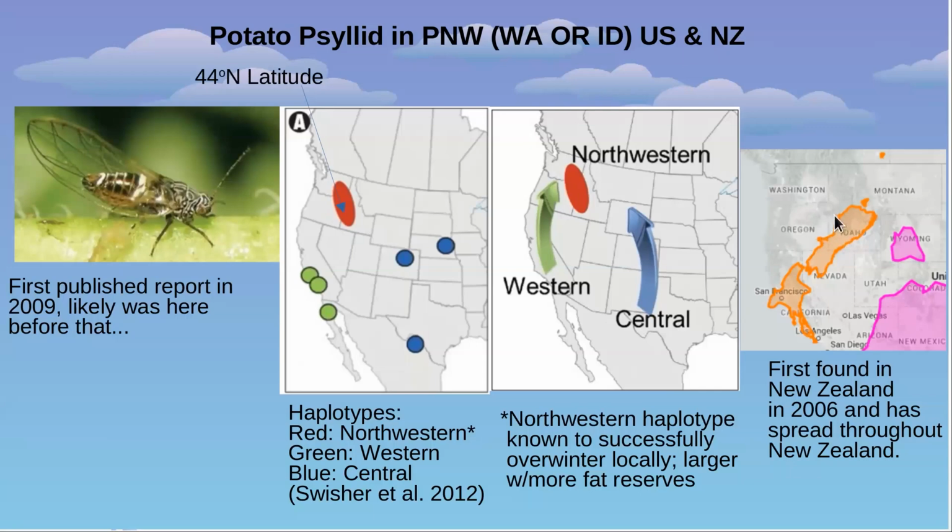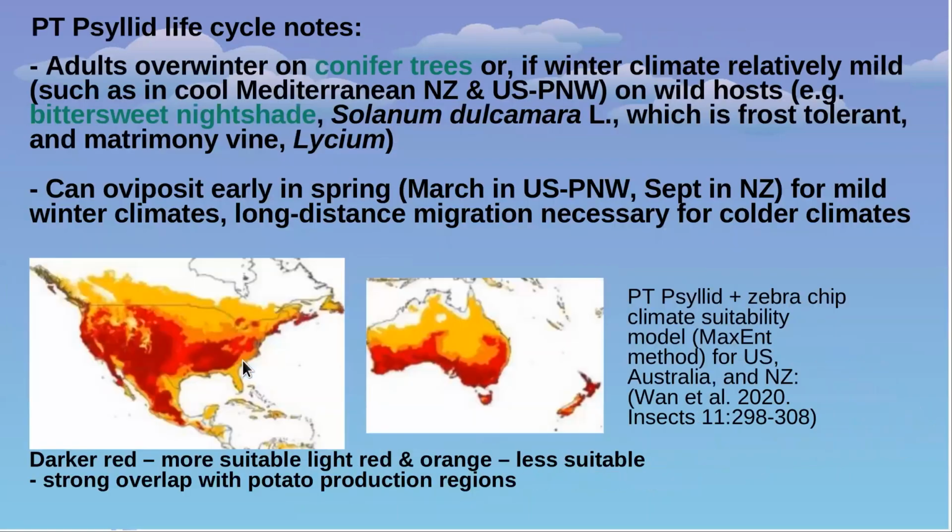Maybe that's why, I'm not surprised you have a big potato industry, because it sounds like a good climate to grow them. Let's see, what else? So in New Zealand, I guess you first got the potato psyllid in 2006, and now it's been spread throughout the country. I think that's about it for this slide.